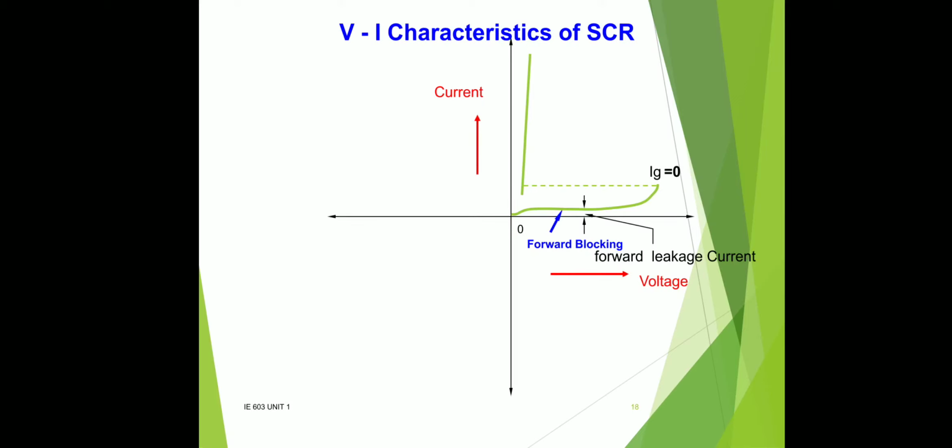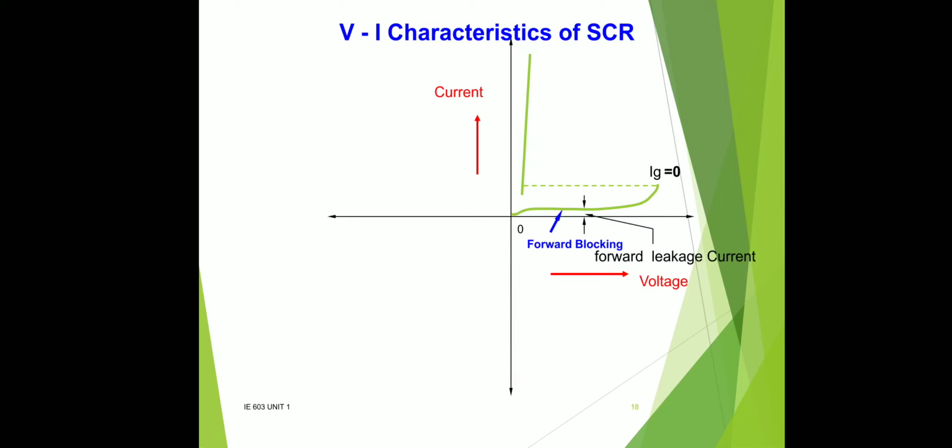A small leakage current flows from anode to cathode. That is called forward leakage current, and that state is called forward blocking state or forward blocking mode. When the anode is connected positive with respect to the cathode, and the voltage is further increased.